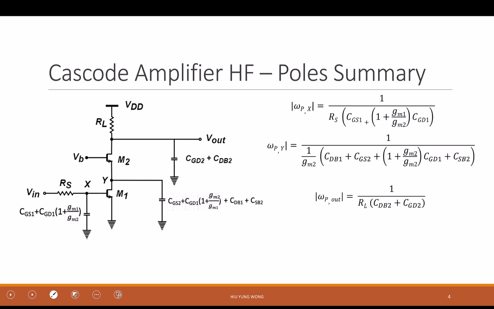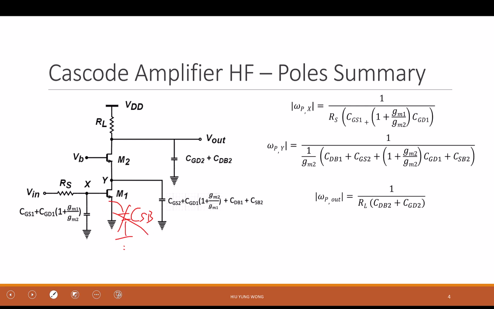And then we try to simplify them, and then we apply the Miller effect for simplification. For example, if you remember, one of the capacitors must be this one, which is CSB, right? But both of them are grounded, so no use, no effect to this circuit.